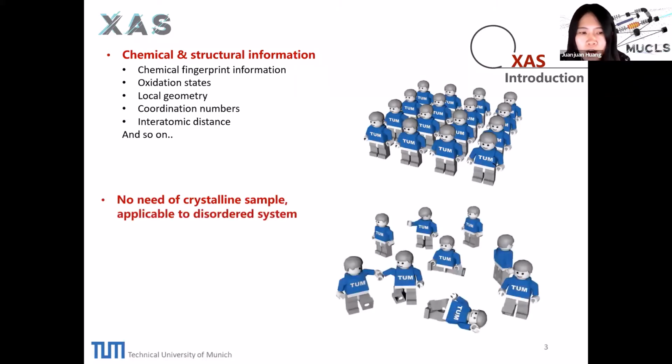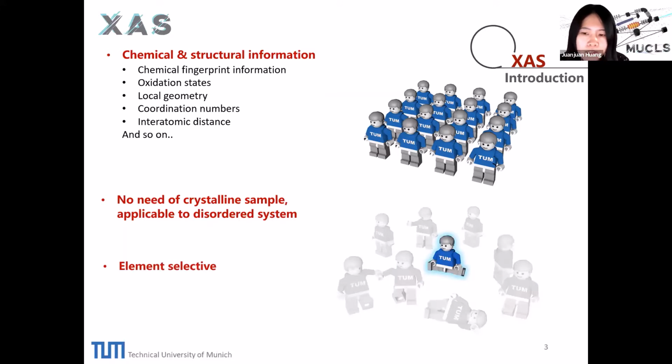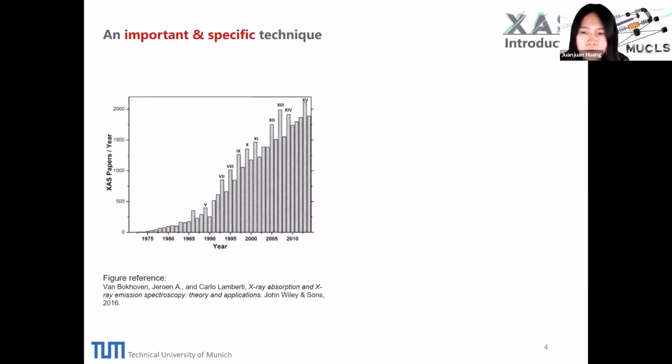Compared to other techniques such as crystallography, which needs a crystalline sample, we don't need any crystalline sample, and it also applies to disordered systems such as gas phase or solution phase. Because it's an X-ray technique, it allows us to selectively study certain elements that we're interested in the chemical system.